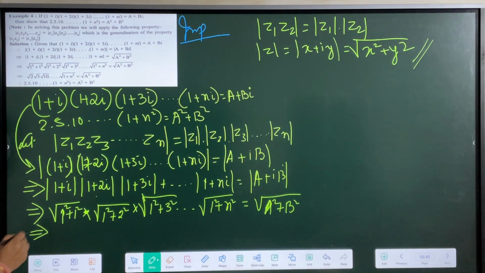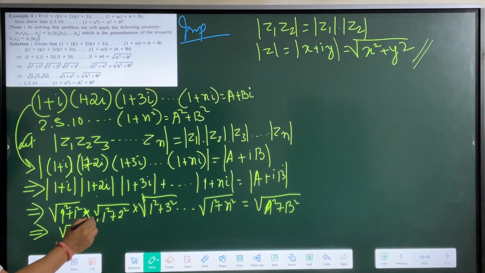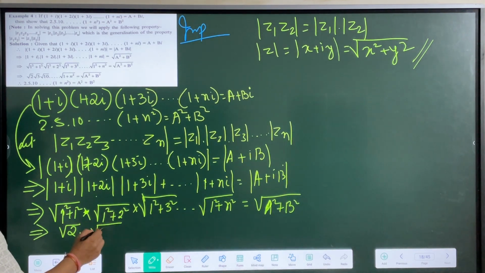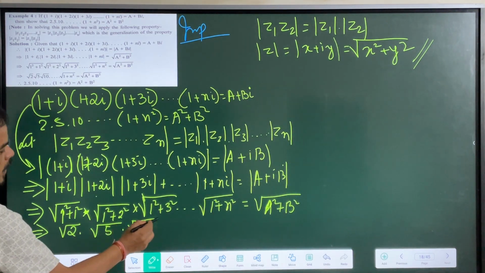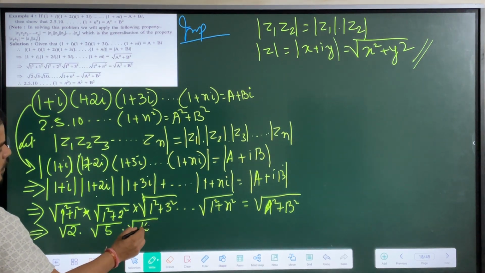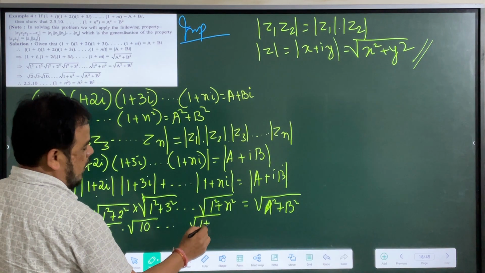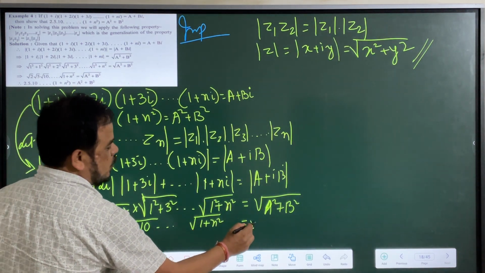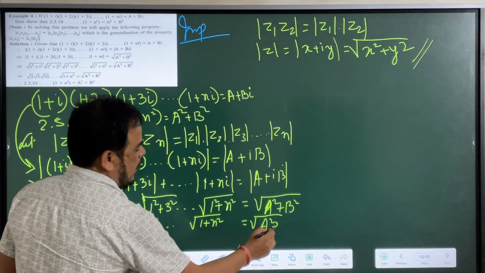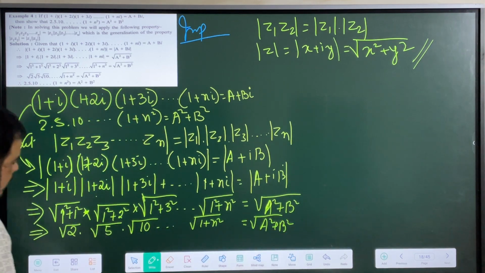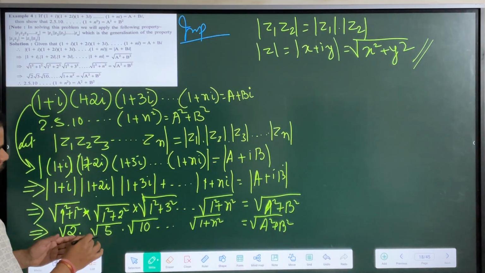Now 1² + 1² is root 2. Again, 1² is 1, 2² is 4, 4 + 1 is 5; 3² is 9, 9 + 1 is 10, and so on, up to 1 + n². Square root of 2, square root of 5, square root of 10.